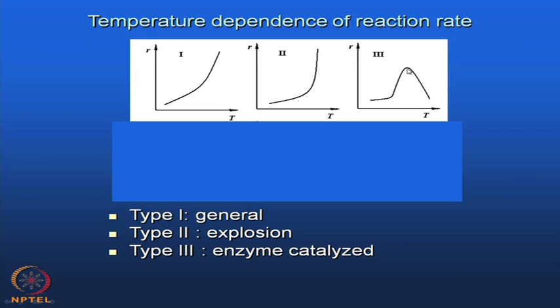It goes to a maximum and then reduces on further increase of temperature. So type 1 is general, type 2 is explosion, and type 3 is enzyme catalyzed. These are broad classifications.